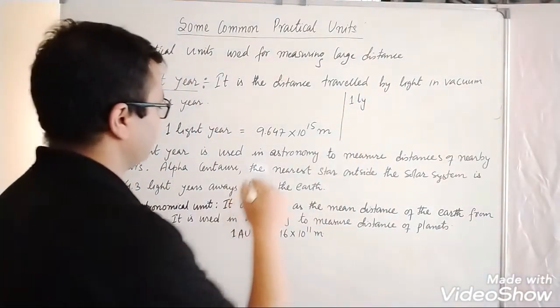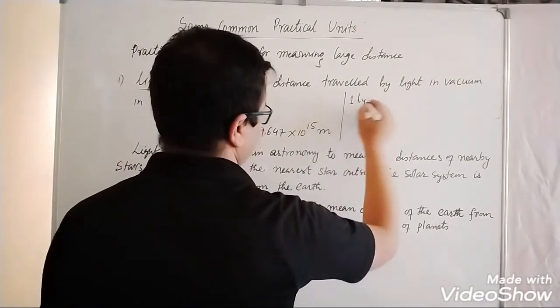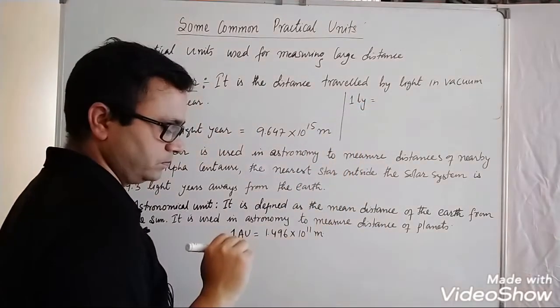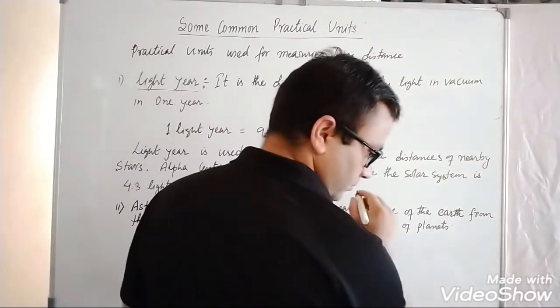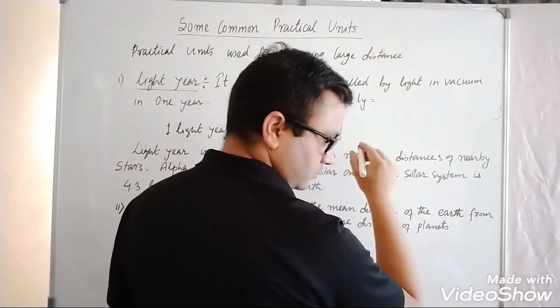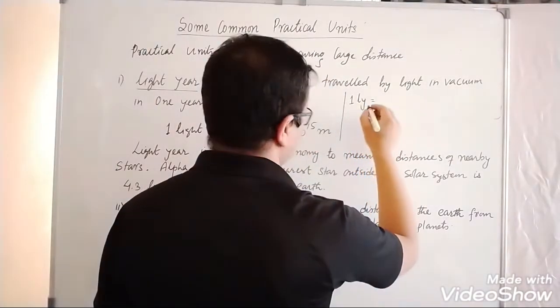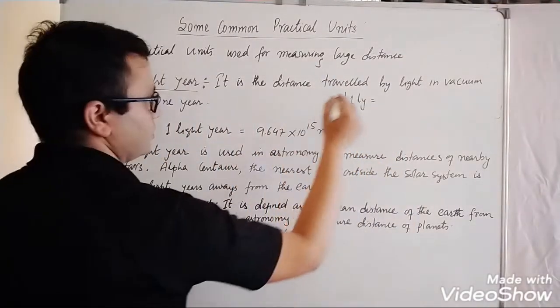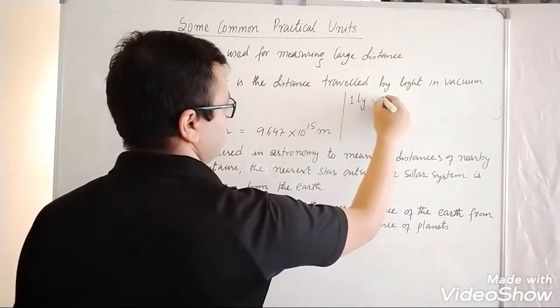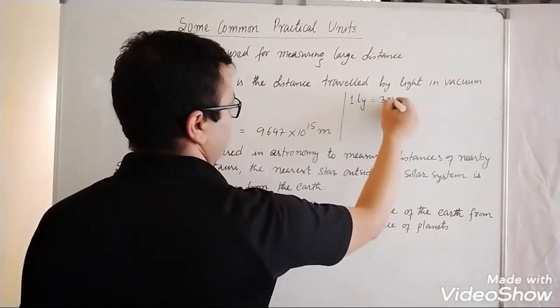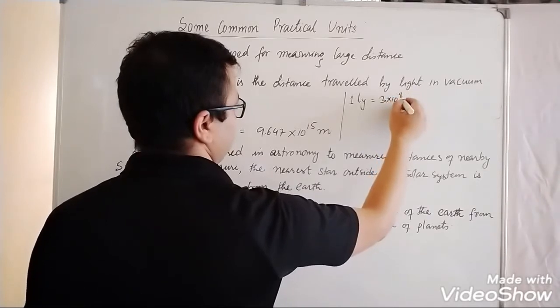1 light year equals to, now the speed of light is 3 into 10 to the power 8 meter per second.